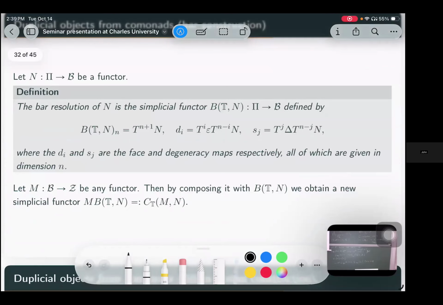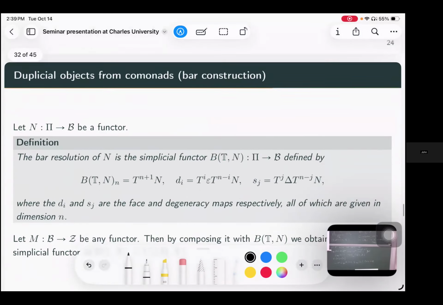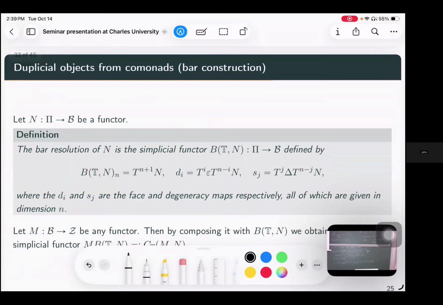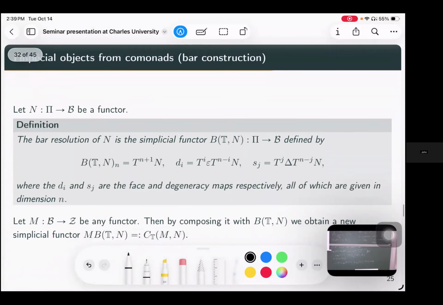So yes, I would now want to speak about the bar construction. So if I take n to be a functor from any category at all, pi to beta, the bar resolution of n is a simplicial functor Btn, which goes from pi to b, defined by this.